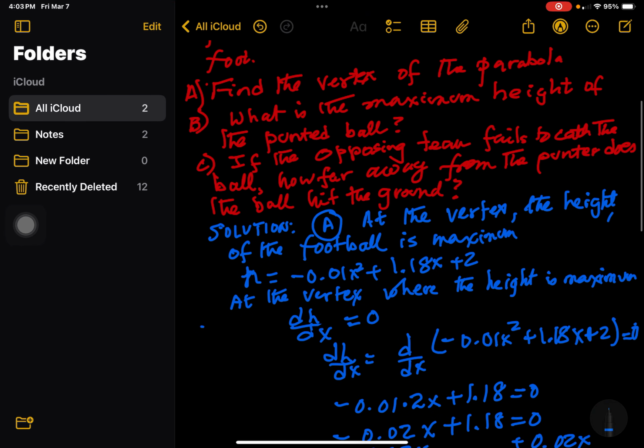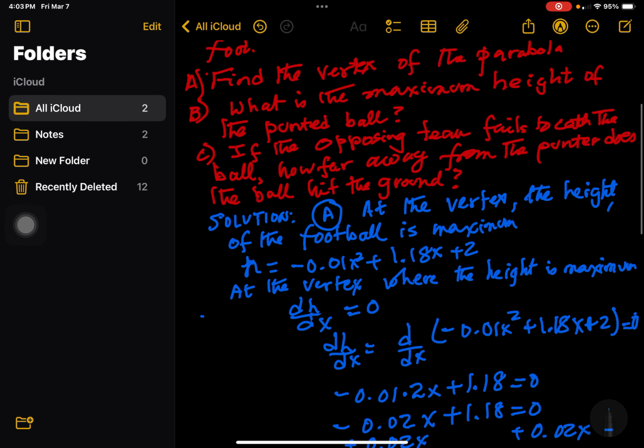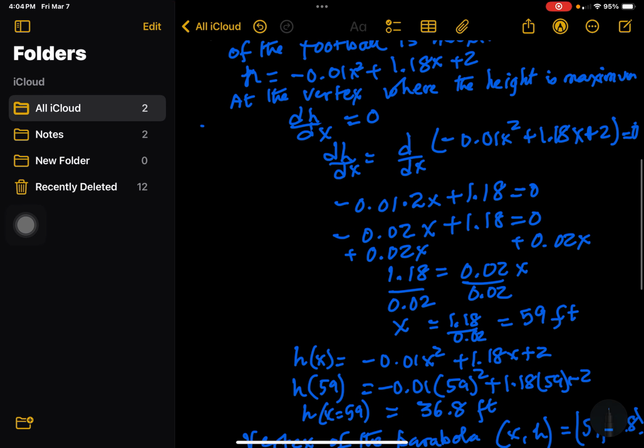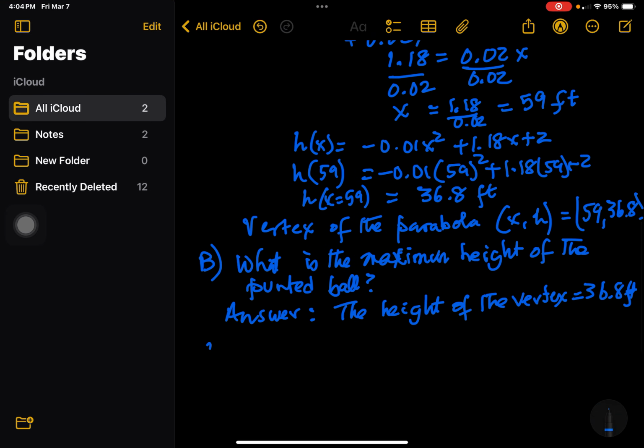Part C, they ask if the opposing team fails to catch the ball, how far from the punter does the ball hit the ground? So part C, height of the ball is 0 because the ball finally comes to rest on the ground. So we know the expression for h.